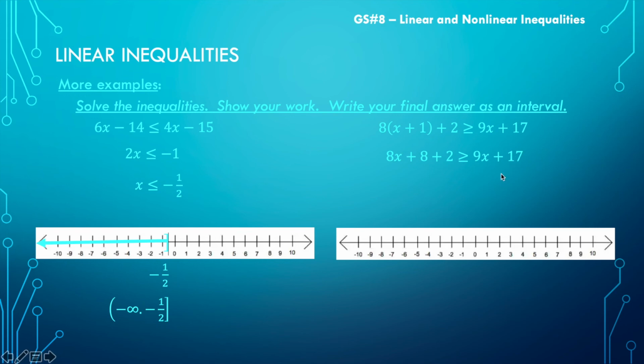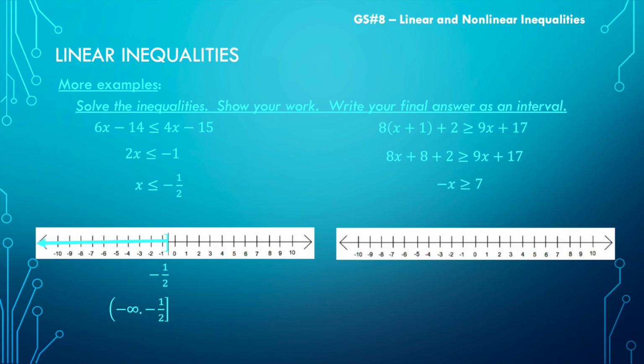You can take your x's to the right or your x's to the left. Inequalities are typically read with your variable on the left-hand side. So we're going to bring this 9x to the left. So if I subtract 9x on both sides, and then this is actually 10, right? So I can subtract 10 on both sides as well.